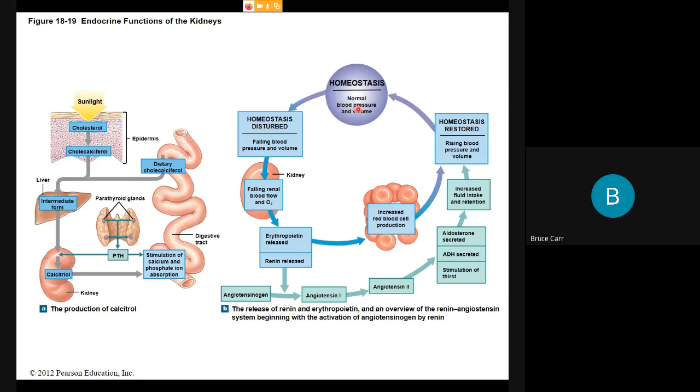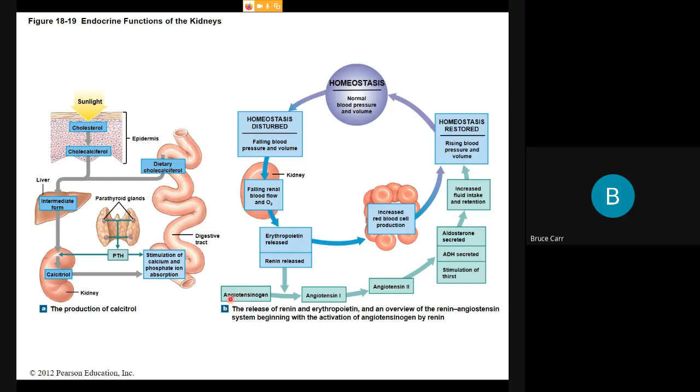So let's look at this condition of blood pressure and volume, which must vary with our daily habits. If blood pressure and volume are falling, then the blood flow and the oxygen arrival in the kidney go down. That causes the kidney to release two hormones, erythropoietin, EPO, and renin. They have different effects. I'm going to do renin first because it actually is a cascade. Look at this.